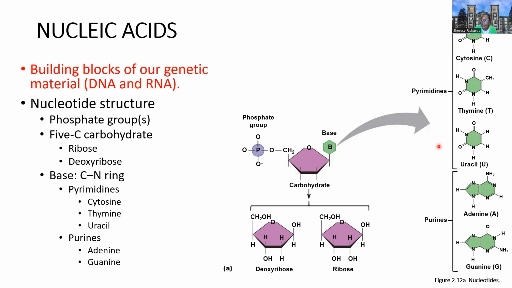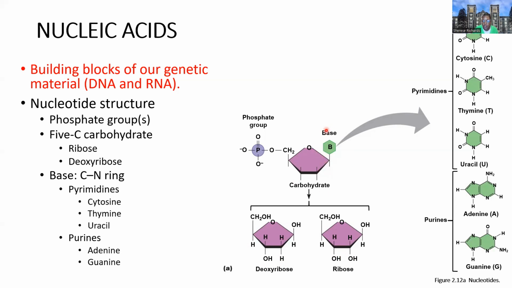So we can have the carbohydrate, the ring, be a ribose or a deoxyribose. And that just means that there's one less oxygen, as we can see on this H group here. So the base can differ, right? This is how we get DNA versus RNA. If it's deoxyribose, it's DNA. If it's ribose, it's going to be forming RNA.